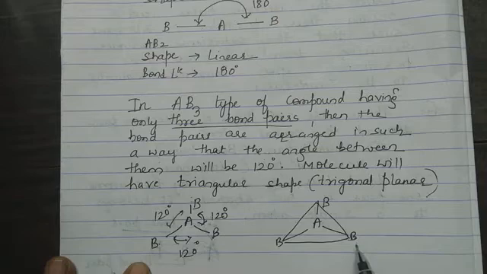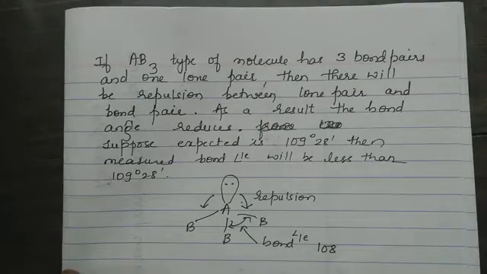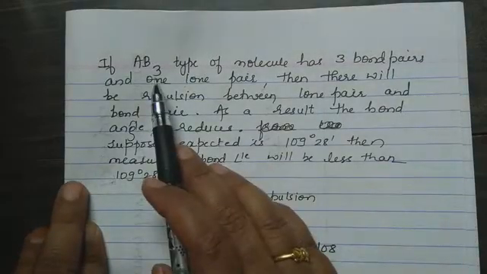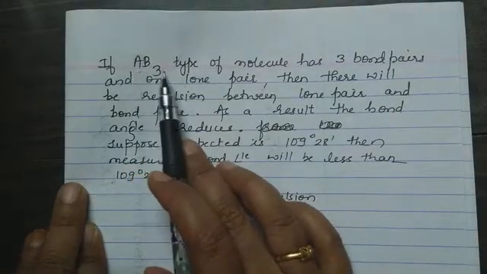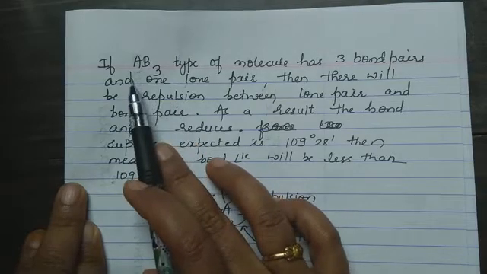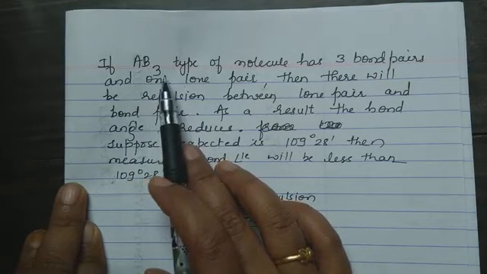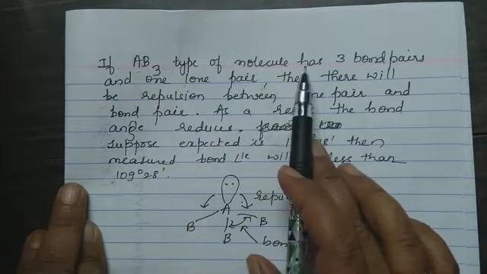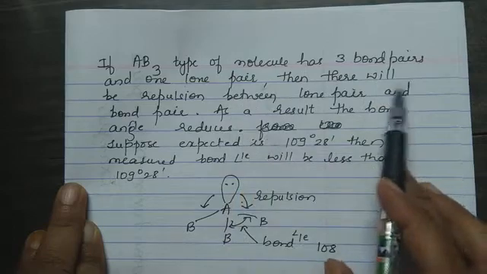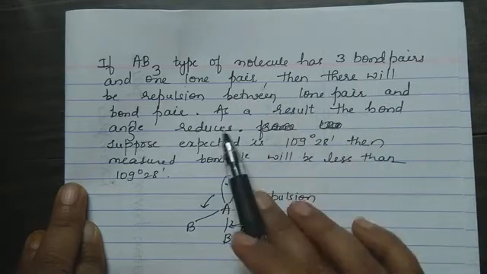So now we shall look into various types of molecules having bond pairs only. Before going for other examples, let us look into another type, AB3. It means A is surrounded by 3 atoms of B. Okay, if in AB3 type of molecule, it has 3 bond pairs and 1 lone pair, then there will be repulsion between lone pair and bond pair.